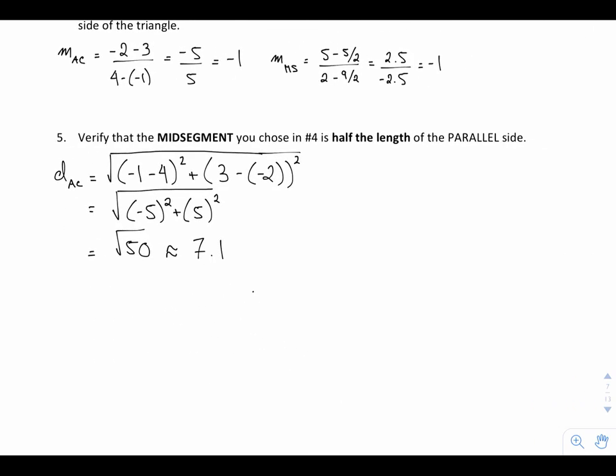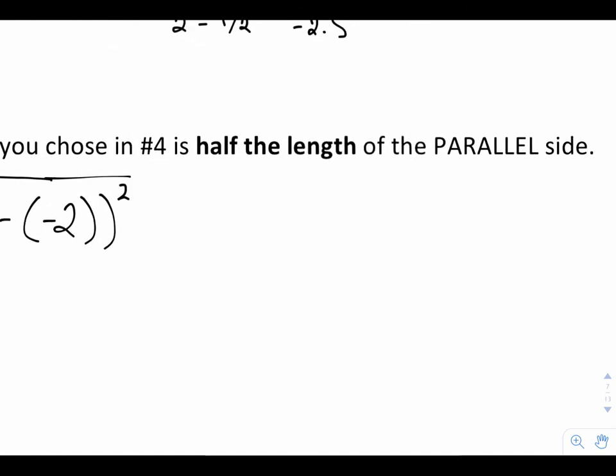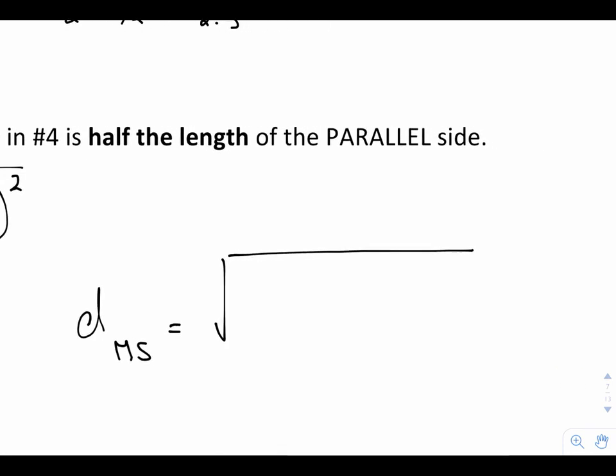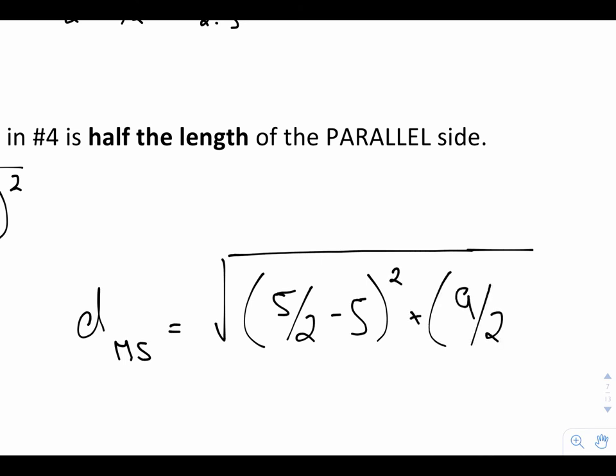Moving on. If I want to now find the distance of the mid-segment, or length of it, same thing. I use my distance formula. And I'm going to go (5 over 2 minus 5) squared plus (9 over 2 minus 2) squared.